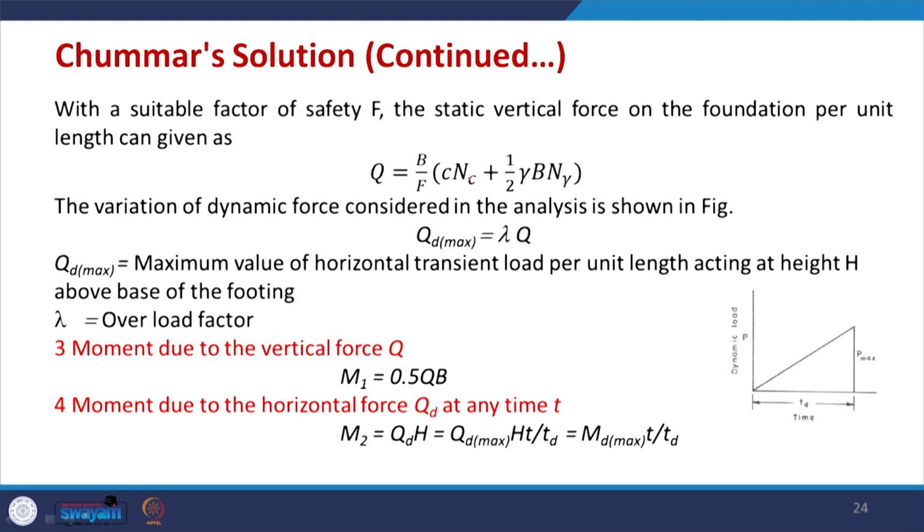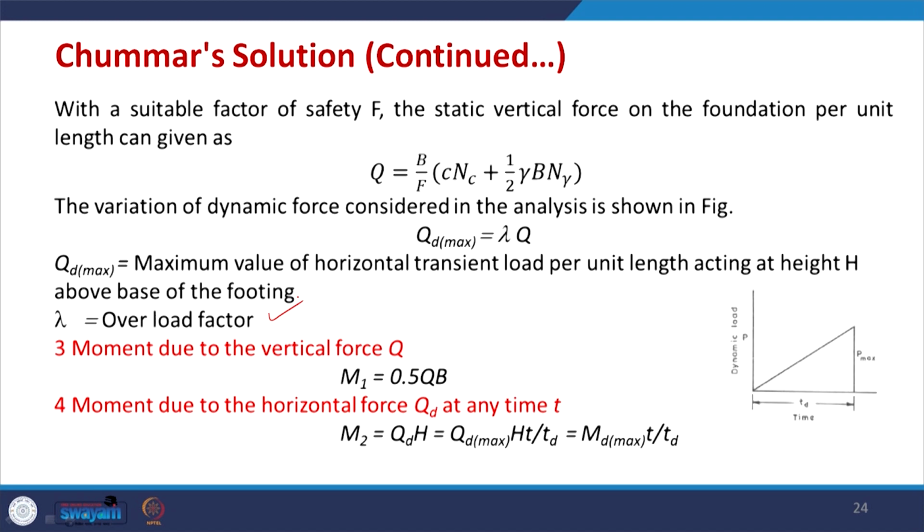Then the issue is, what is the horizontal load? The value of the horizontal load, let us say Q_d max, will be simply lambda into Q, where lambda is the overload factor. Naturally this will be dimensionless.